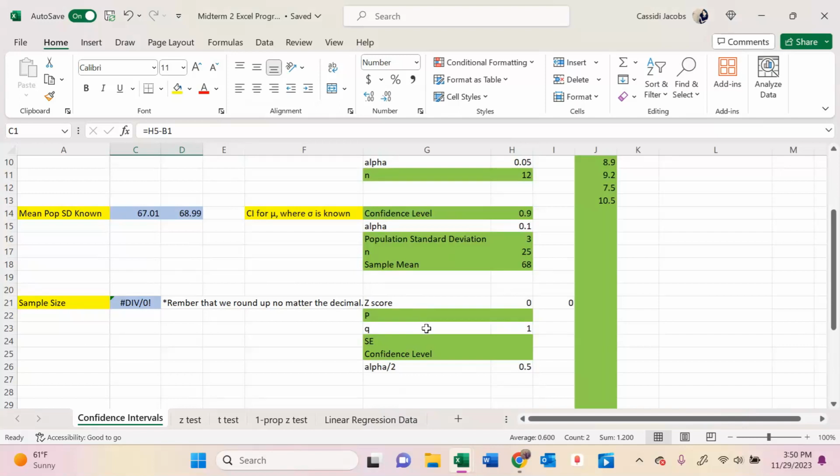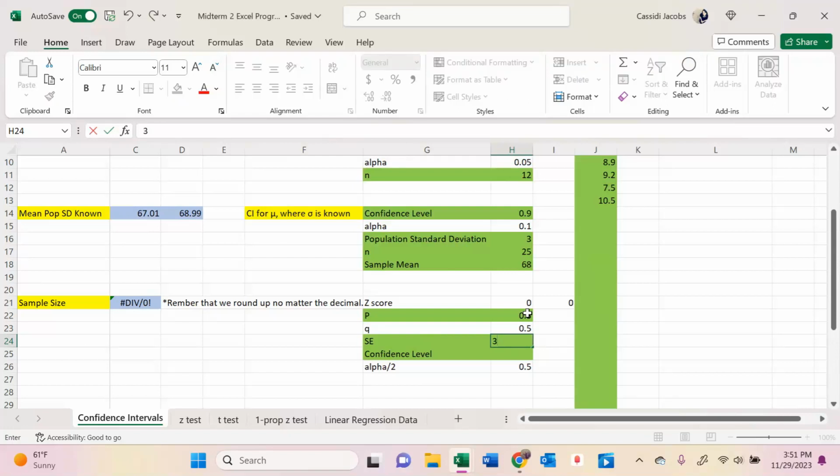And we're going to take the information we're given, put it here. So it doesn't tell us what the current proportion is. It doesn't give us a proportion we're using. So anytime it doesn't give you a proportion that you're using, you're going to use 0.5 in these type of problems. Your standard error here, or sample error here, which is what SE stands for, is how many percentage points you want to be within.